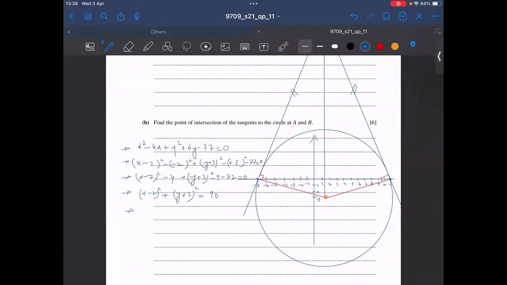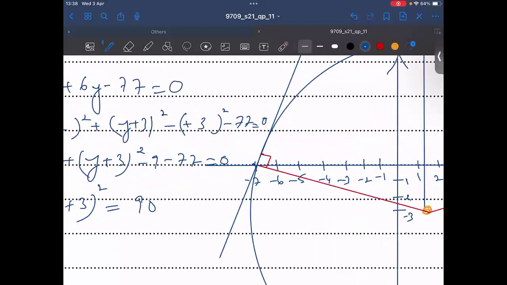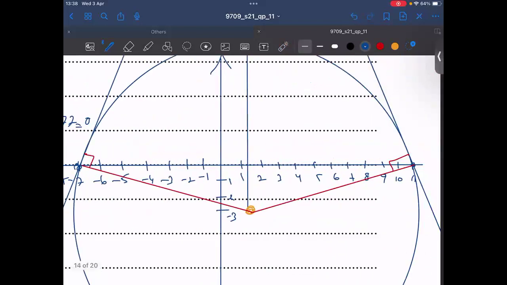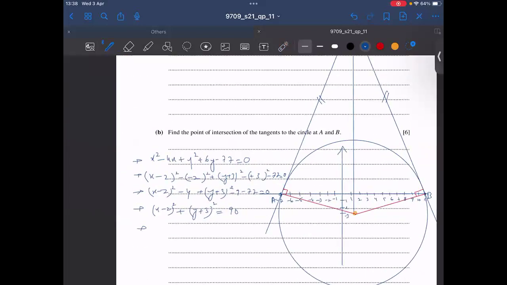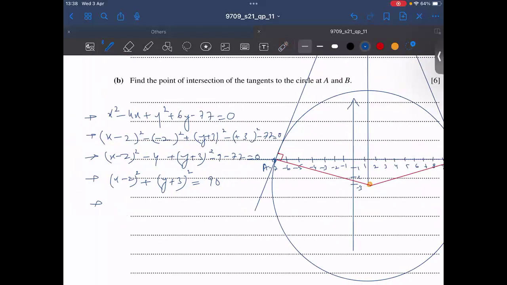Approximately. So now I have this point 0 comma minus 7. Minus 7 comma 0. This point A. This point B. So I can now find the equation of these tangents, because now I have the center point, O. What is the gradient of OA?